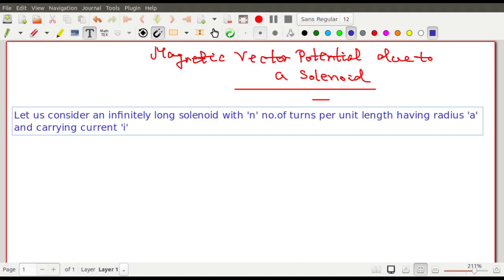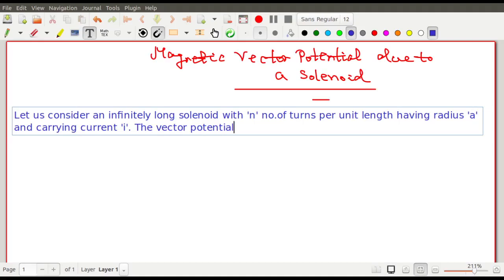Now the vector potential, you know the expression for vector potential. So what was the direction of the vector potential? In the last class I said that the direction of the current is the direction of the vector potential, and we have used the vector potential expression. I have shown you the expression for vector potential both in 3 dimensions, that is the volume distribution of current, and also for the line distribution of current.